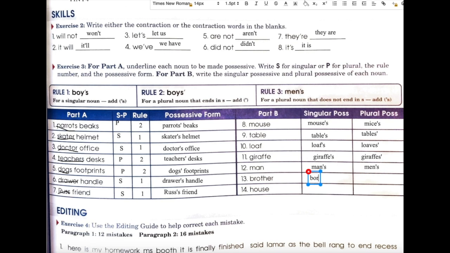Singular possessive form is brother, apostrophe S. Plural form is brothers, S apostrophe. House. Singular possessive form is house, apostrophe S. Plural possessive form is houses, S apostrophe.